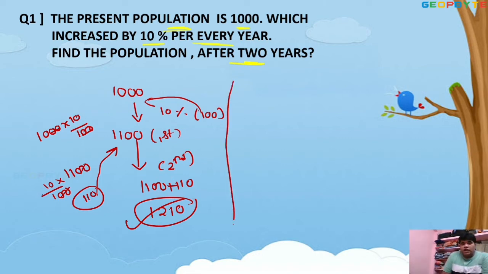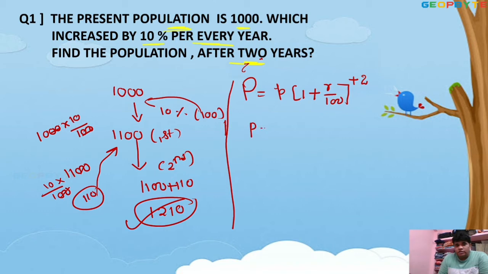Suppose direct answer. After 2 years, it becomes capital P equals small p into 1 plus R by 100. They are asking after 2 years, so that's why power plus 2. So capital P is equal to small p 1000, 1 plus rate 10 by 100, power 2.